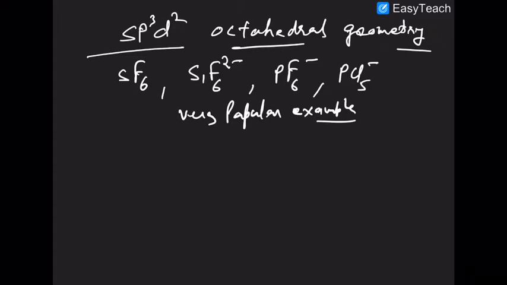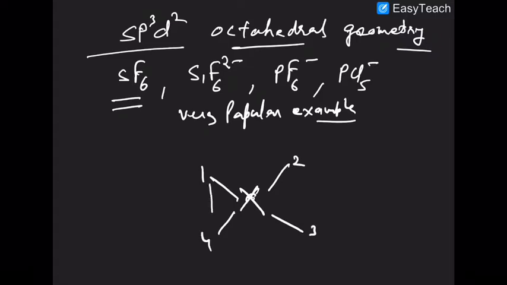So first of all, we will take SF6. In that case, what happens? The central atom will take the position, and the four atoms will occupy the four corners of a square like that. And then again, one atom is above the plane, the second is below the plane.